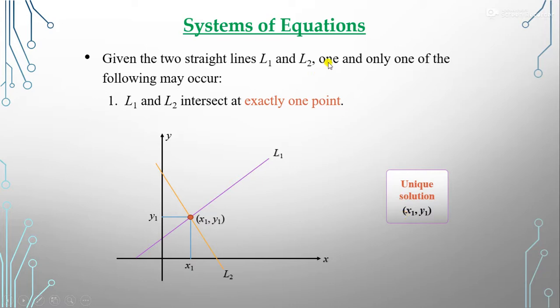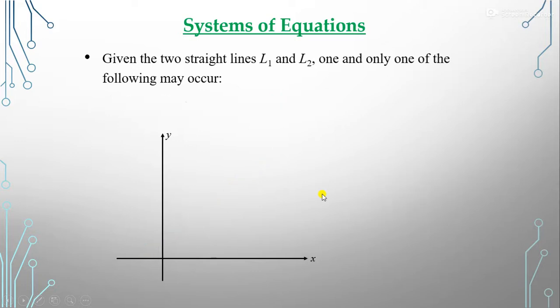So in the system of equations we have these kinds of solutions: unique solution, many solutions, and no solution. First of all, if our lines L1 and L2 intersect at only one point, it means these equations show the unique solution.